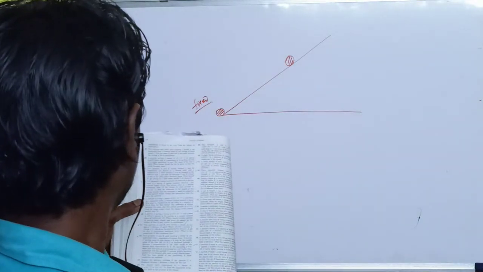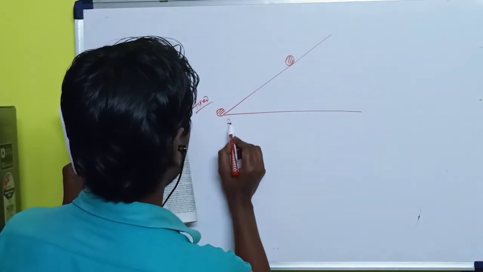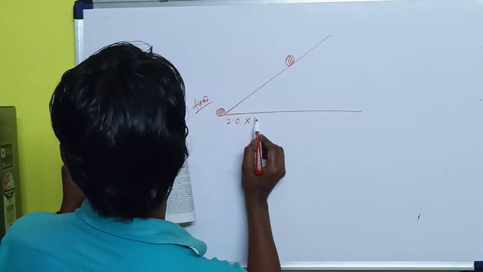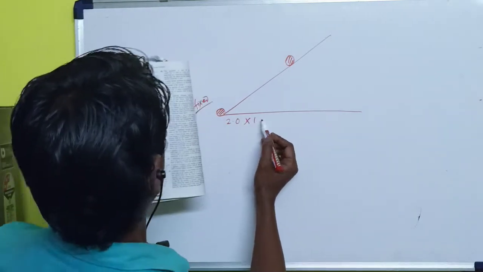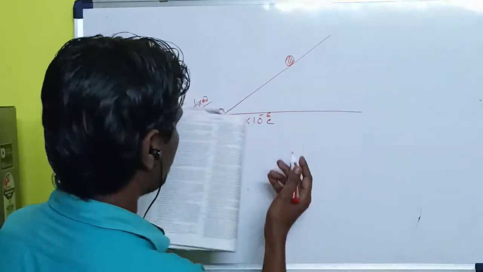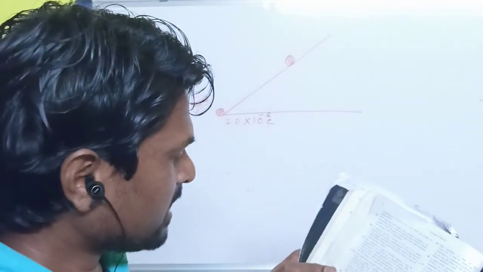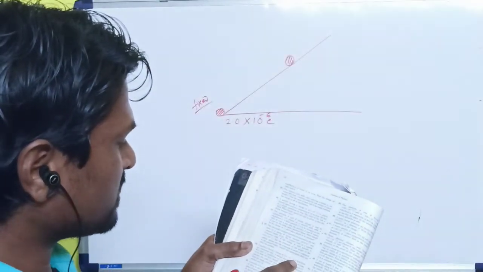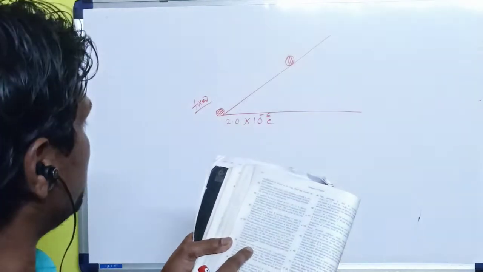So a particle having a charge of 2.0 into 10 to the power minus 6 coulomb is held fixed on a horizontal table.